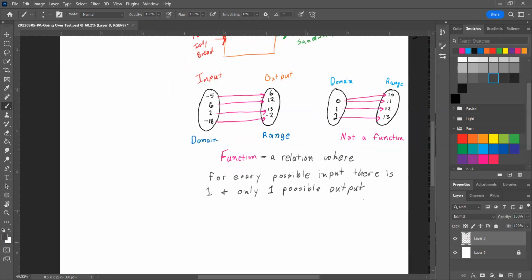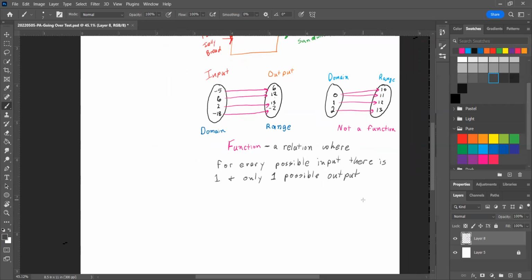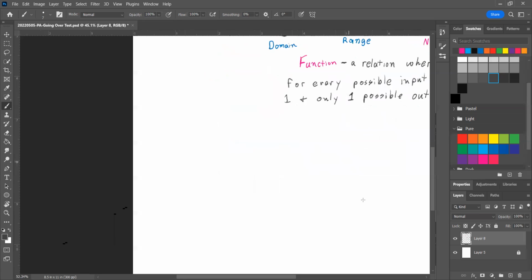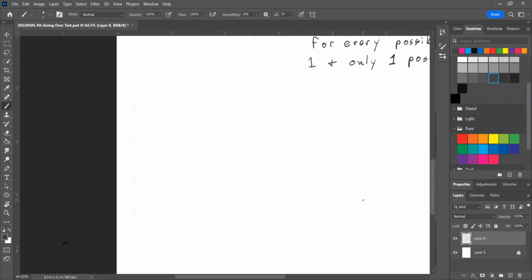So one way to represent a function we've already seen with these examples is called a bubble diagram, right? We can also have a relation or a function represented as a set of ordered pairs. We've talked about ordered pairs in this class, right?